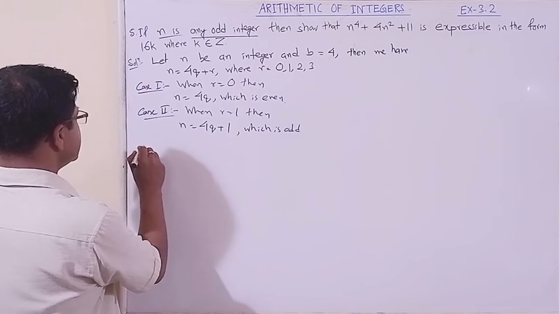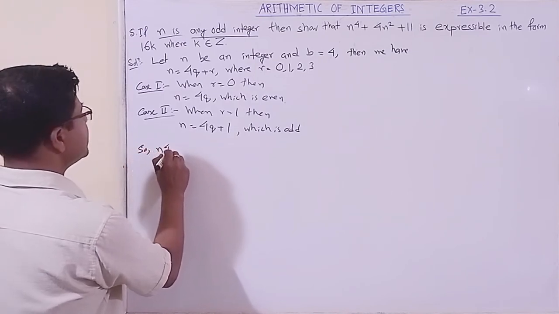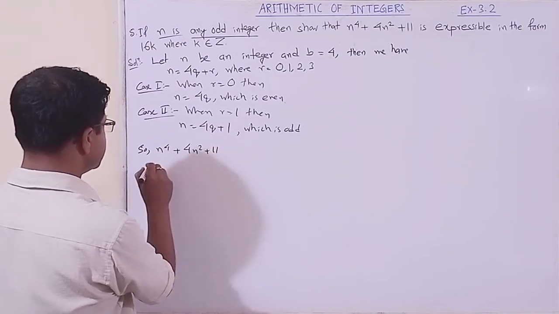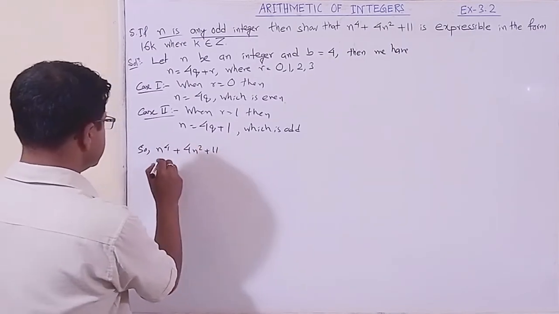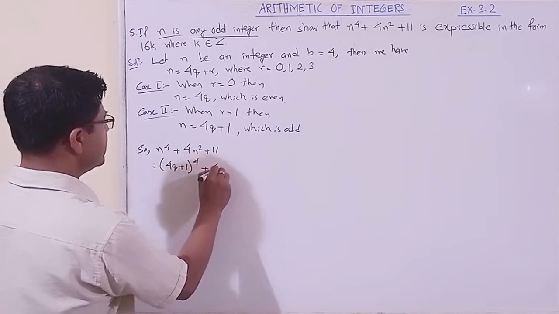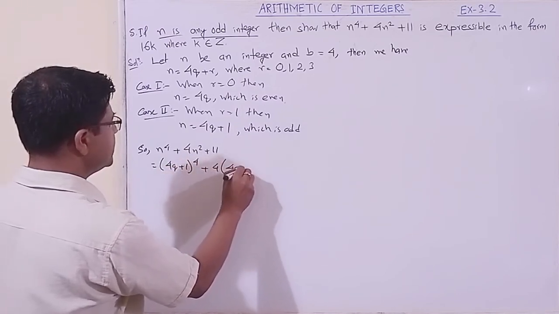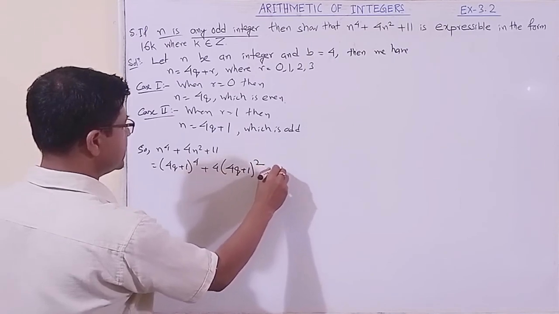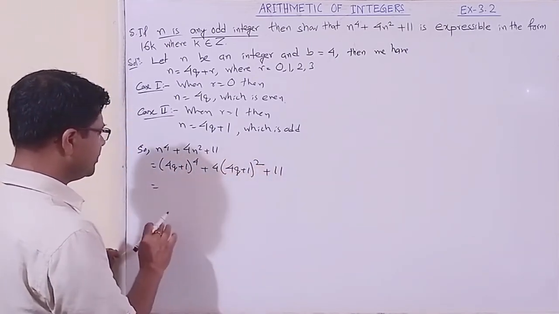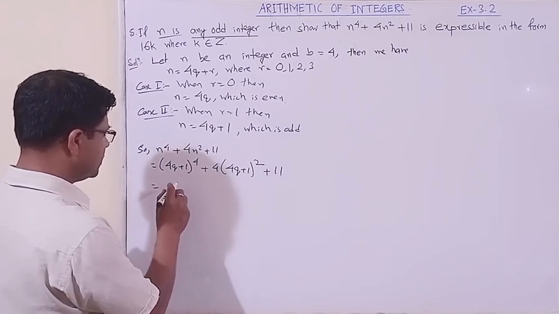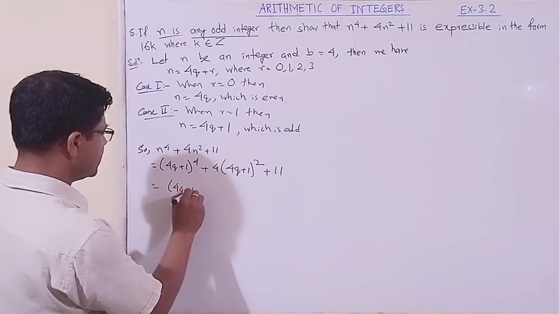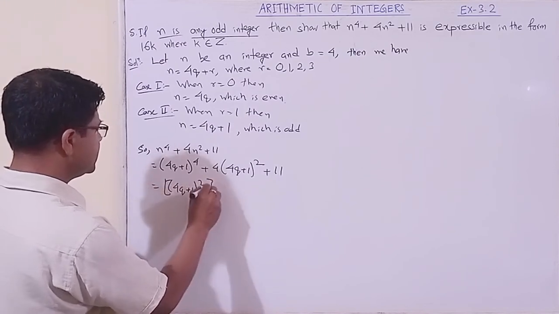So n to the power 4 plus 4n square plus 11 is how much? This is 4q plus 1 to the power 4, then its value square plus 11. Now whole to the power 4. At present we do not know binomial theorem, so let us do by ordinary method. So this is 4q plus 1 whole square, then its square.